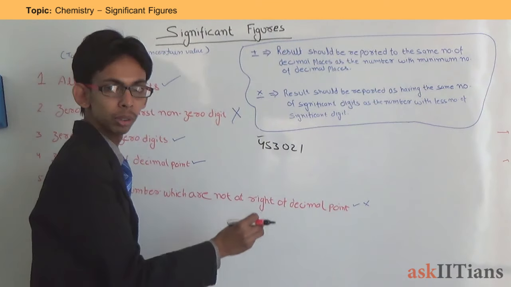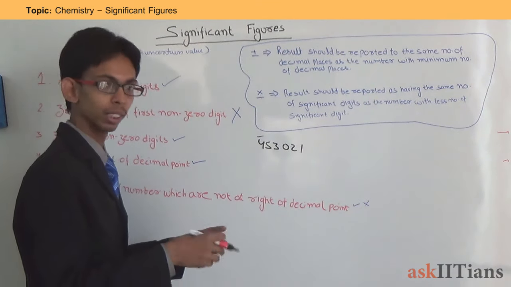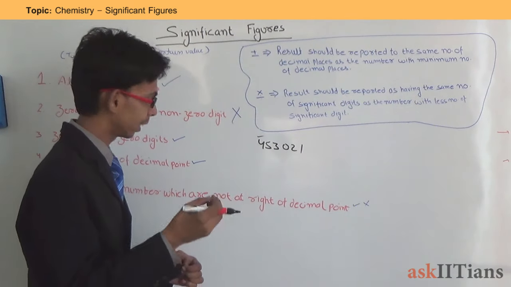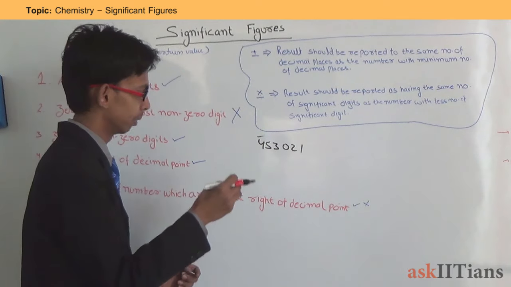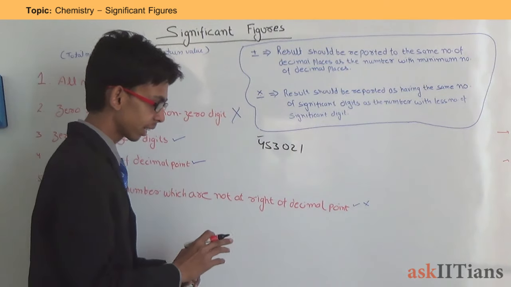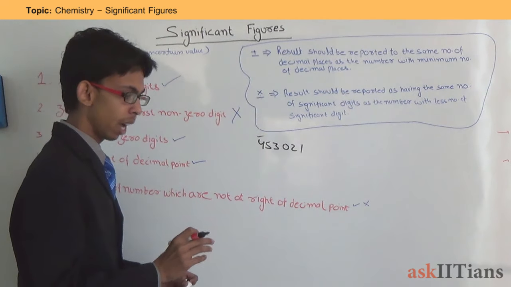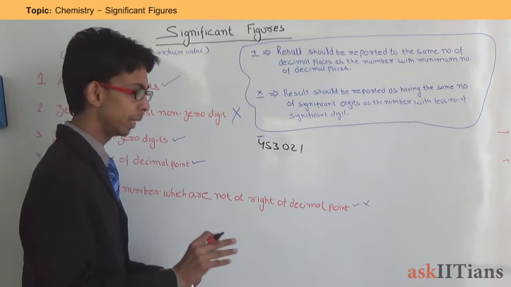Every non-zero digit, that means the digit which is other than 0, is a significant figure in a number. So we are clear that in a number every non-zero digit will be significant.